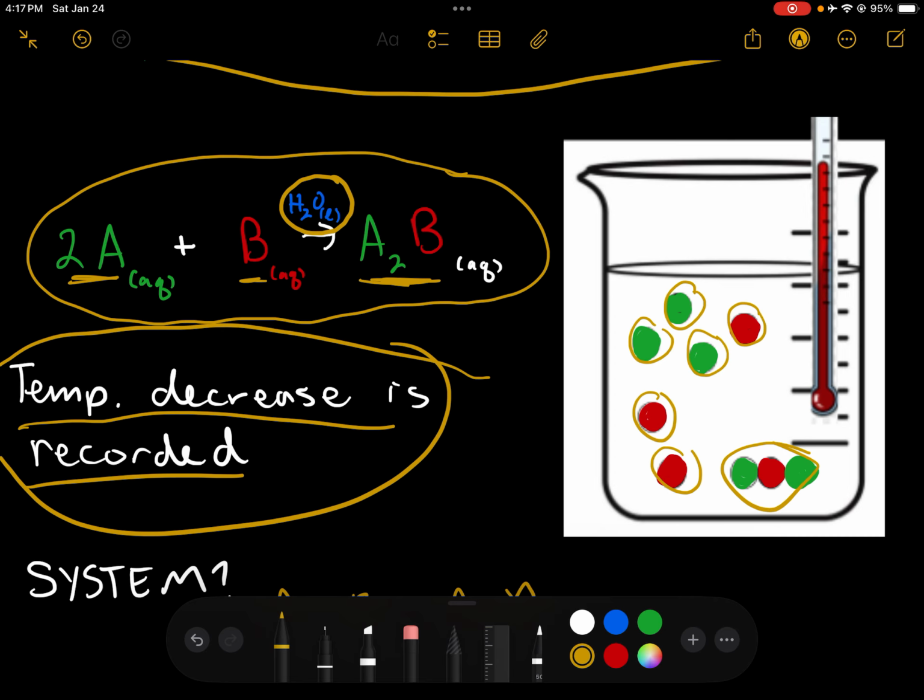So again, with this specific drawing, if I were to put arrows in here to indicate where the energy is moving, I'm going to put the arrows going towards the molecules themselves, from the water, from the thermometer, from everywhere else. Energy is going in because those molecules are absorbing that energy. And we know that that is happening because the surroundings, aka the thermometer, recorded a temperature decrease.